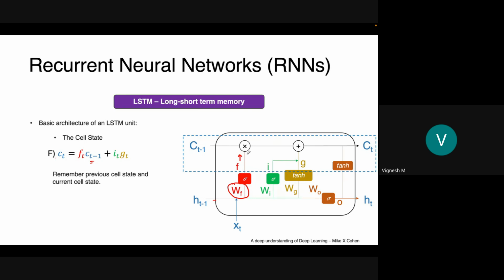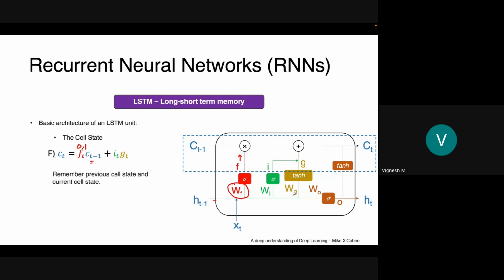So when you multiply those with the previous cell state, those representations do not get amplified; they get suppressed. The ones that are actually needed will stay active, because if this is 0 or 1, the ones where it is 1 will still remain in C t minus 1, and those where it is 0 will be suppressed.